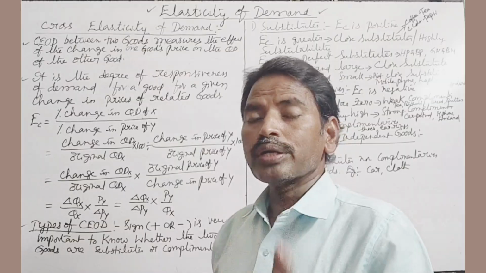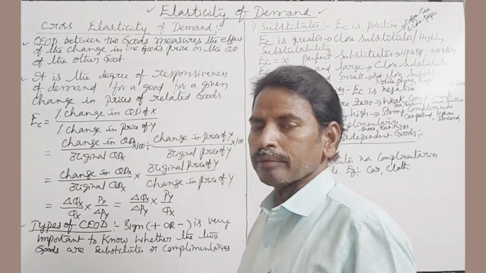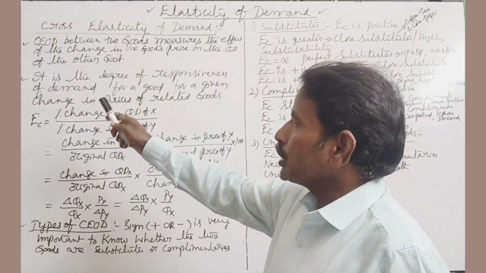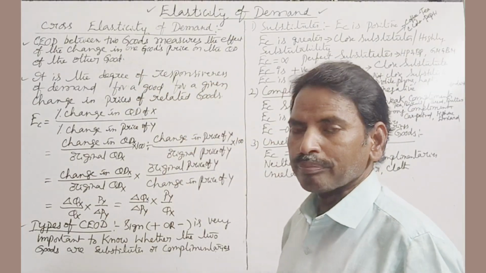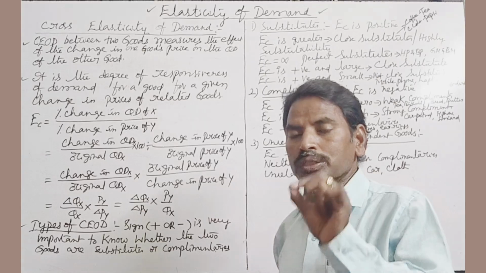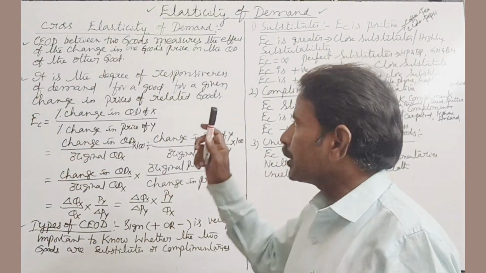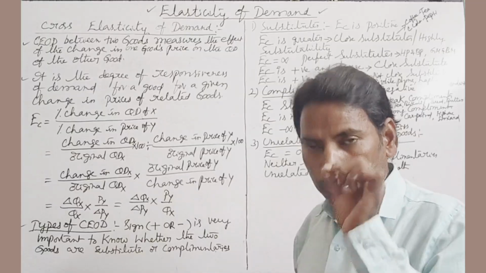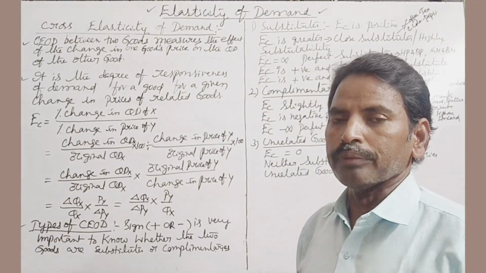First, what is the meaning of cross price elasticity of demand? Cross price elasticity of demand between two goods measures the effect of the change in one good's price on the quantity demanded of the other good.